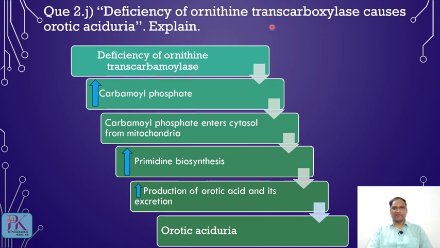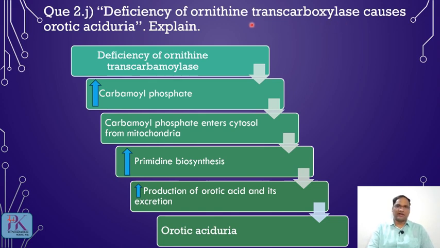There is no such enzyme as transcarboxylase. There is a difference: transcarboxylase transfers a carboxyl group, whereas transcarbamylase transfers a carbamyl group. So I assume this should be ornithine transcarbamylase.